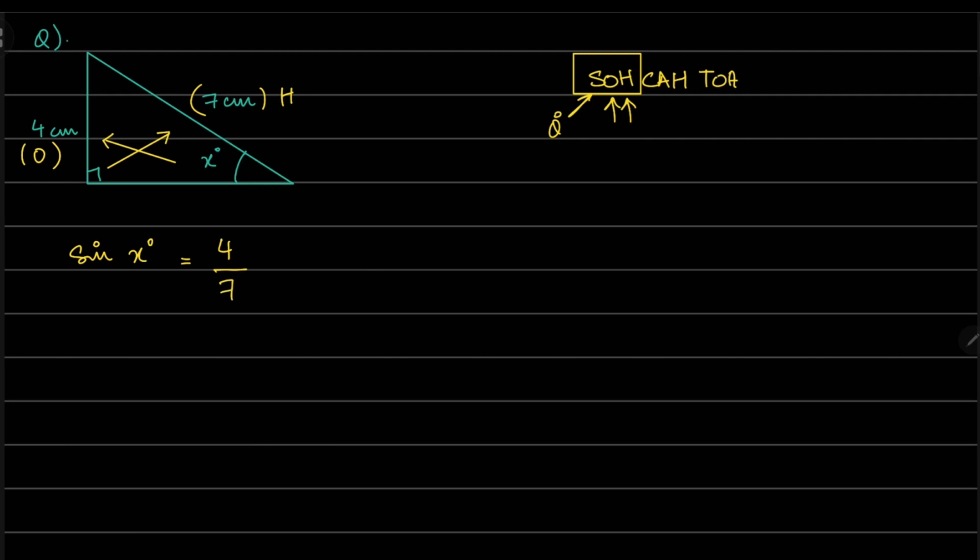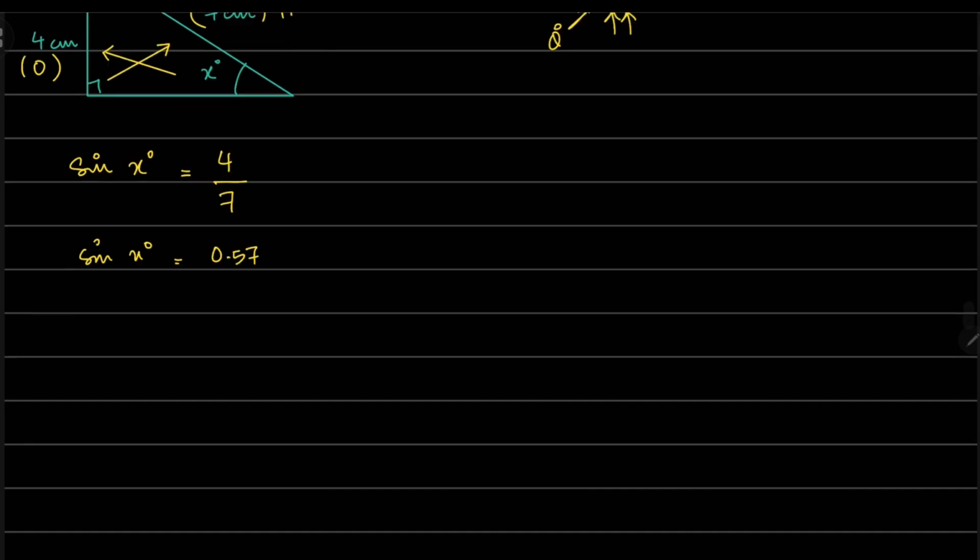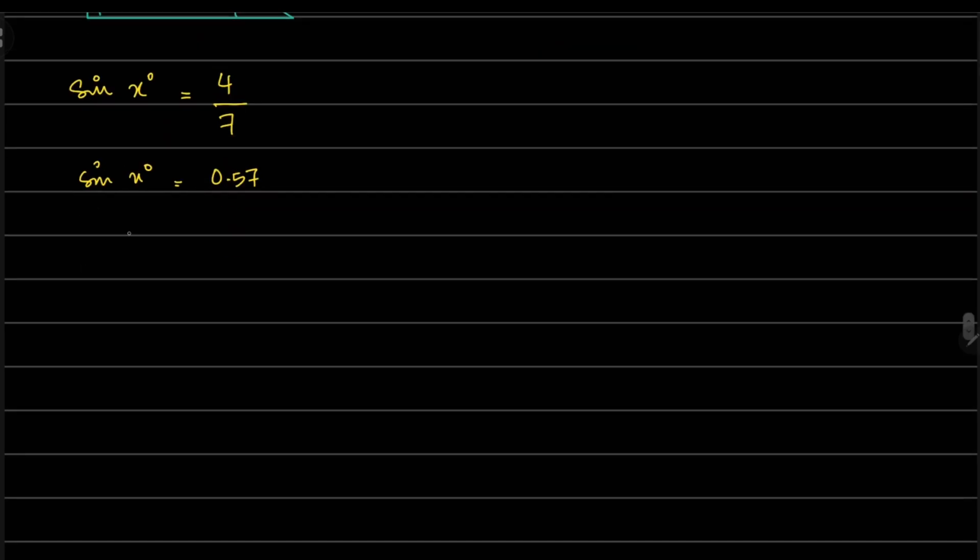So you'll divide 4 by 7 next. When you do 4 divided by 7, you get sine theta or sine x will be 0.57. Now in order to further solve this, you'll have to take an inverse, or basically in other words you divide both sides with sine. Okay, and when you do that, this is what you get: x degrees equals sine inverse of 0.57.